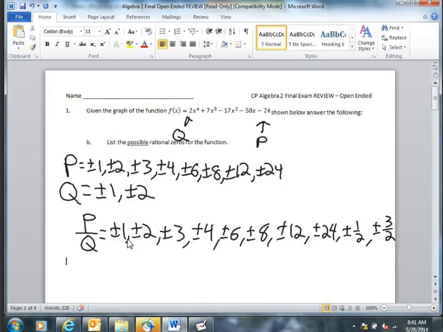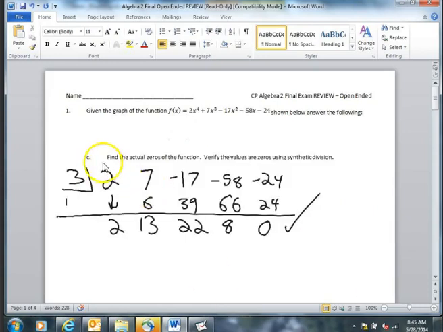So let's continue there. So this is my P over Q. What do I do with that? Well, then I check that in the next portion, find the actual zeros. You do synthetic division. These numbers right here are the coefficients of the polynomial given to you. Now, what you have to worry about is the following. If you do not have a variable here, like we go x to the fourth, x to the third, x squared, x, and a constant.